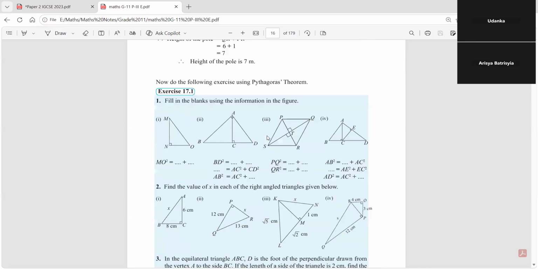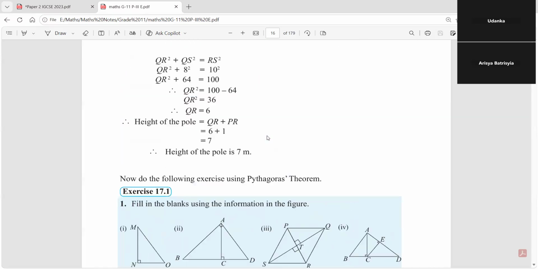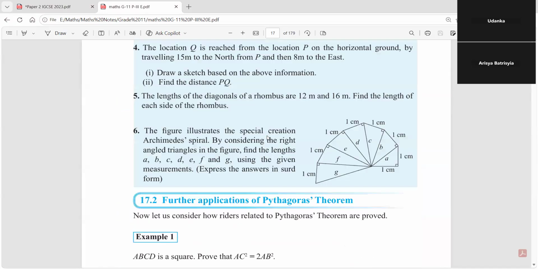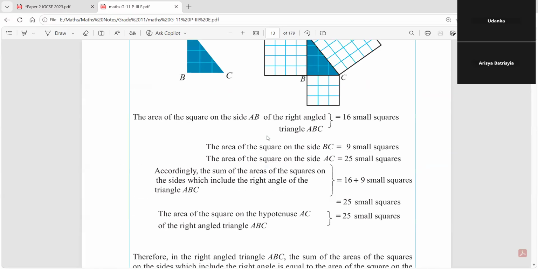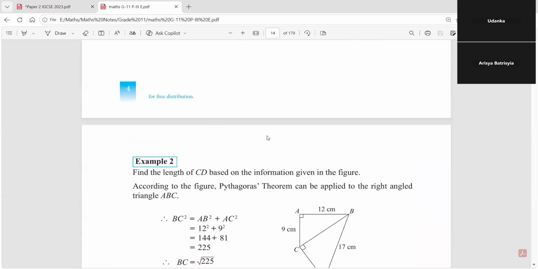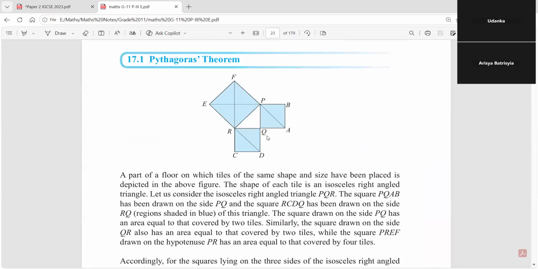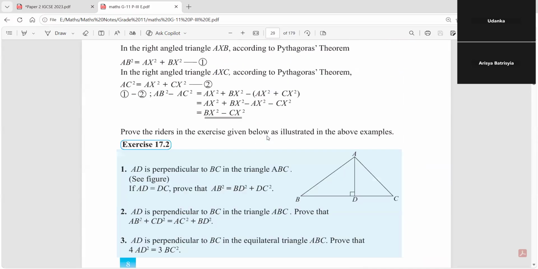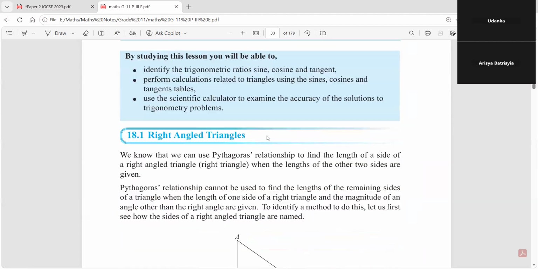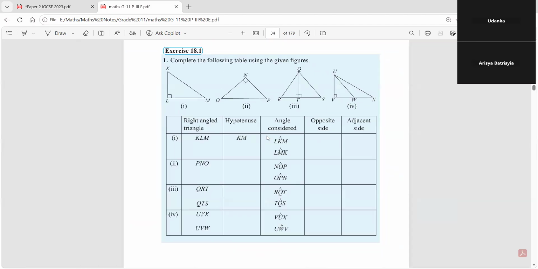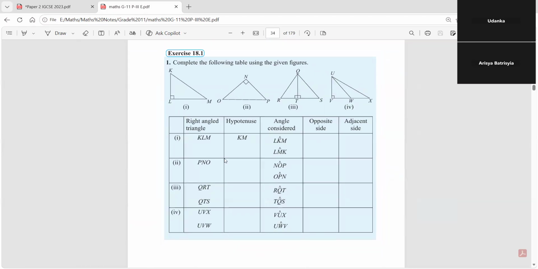They are having three values called sine, cos, and tan. First of all, let me tell you, they are according to the considered angle.